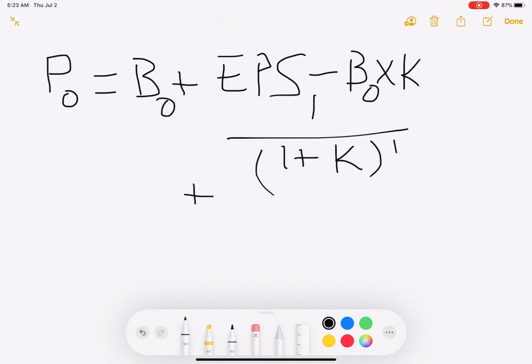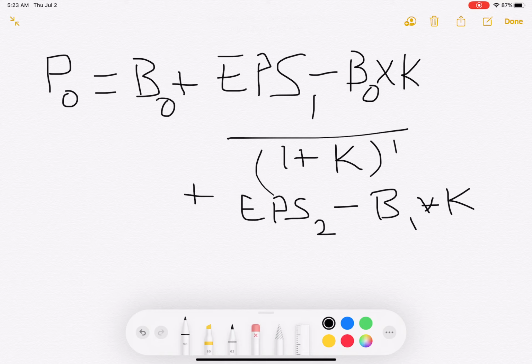Likewise, we again find the present value of EPS 2, the second time period: whatever is the actual earnings per share, minus B1, the book value at the start of time period 1, multiplied by the required rate of return K, whole divided by 1 plus K raised to the power 2.